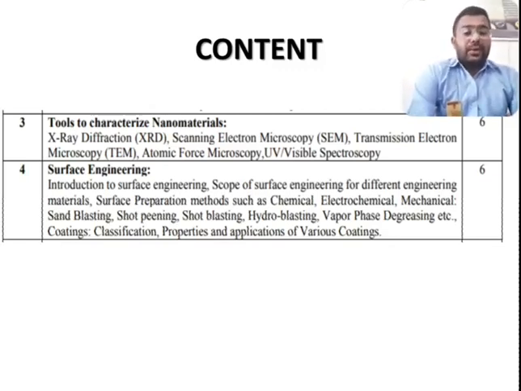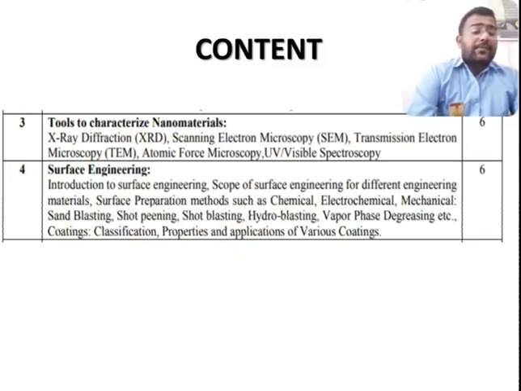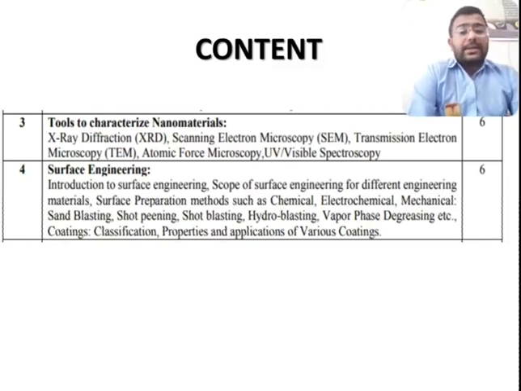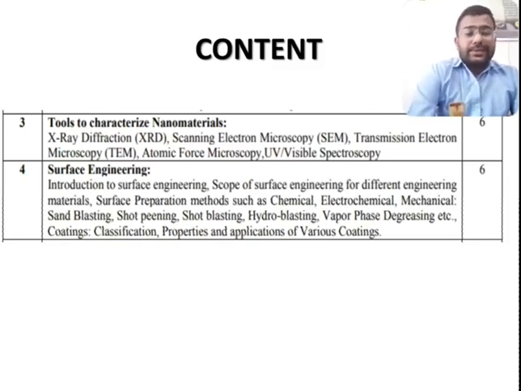So these methods are generally used for surface preparation, in which chemical and electrochemical machining is one type of non-conventional machining process, and after that sandblasting, shot peening, shot blasting, all blastings are one type of surface preparation method, right? And last, coating. So in coating we will see classification of coating, and property and application of various coatings.